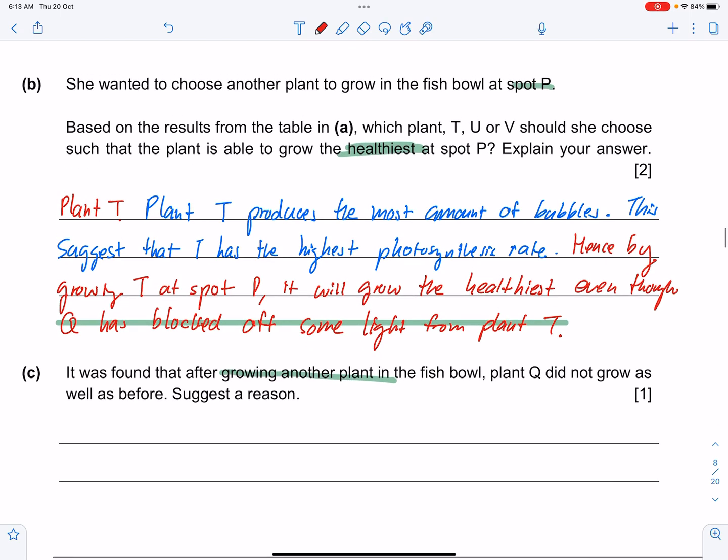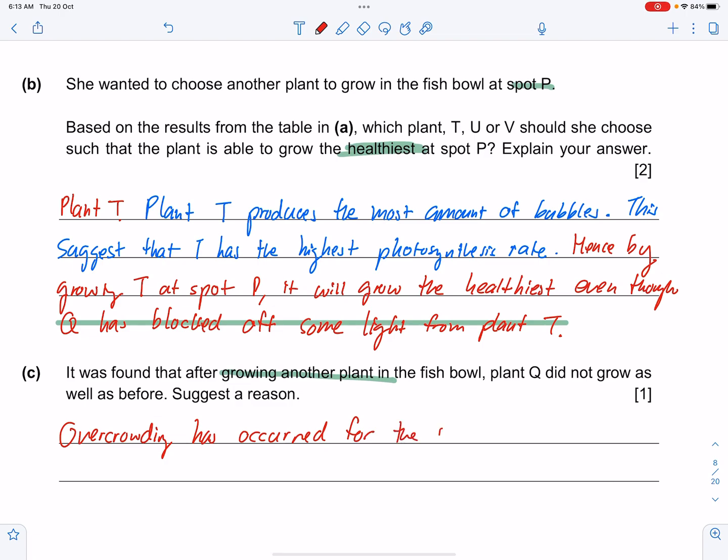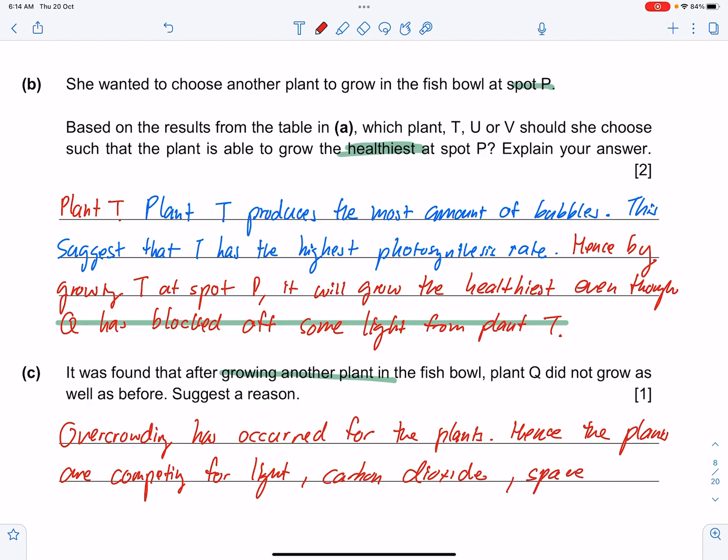Okay, so you can say that overcrowding has occurred for the plants, alright, hence the plants are competing for light, carbon dioxide, okay, space, maybe even oxygen in the night time.